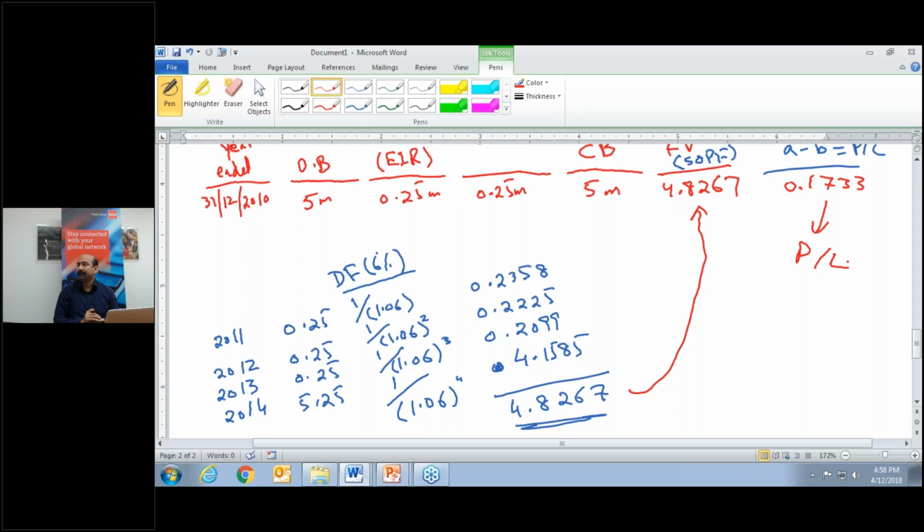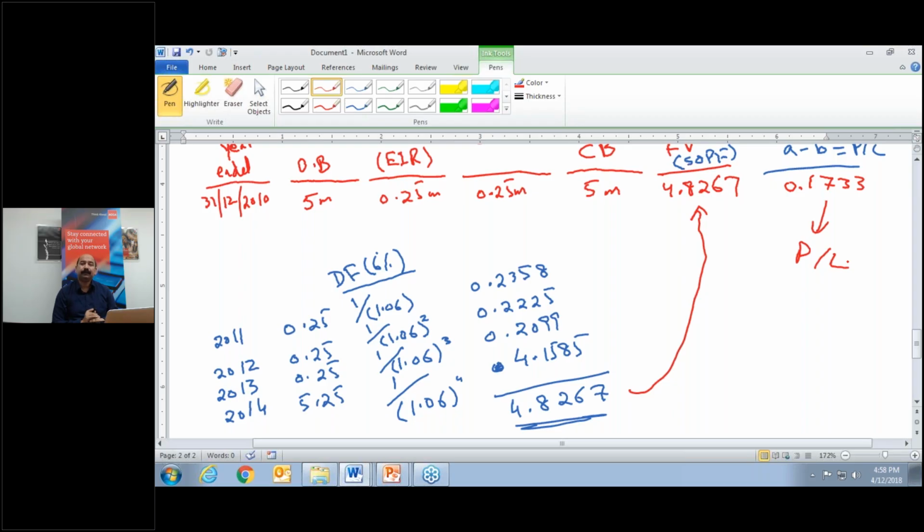So this will be the two. If you just recall, this is exactly the same as we did in case of financial liability. The only difference is there were cash outflows because of liability, and here cash inflows.